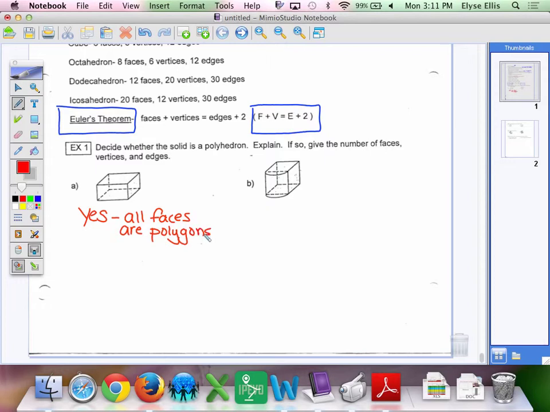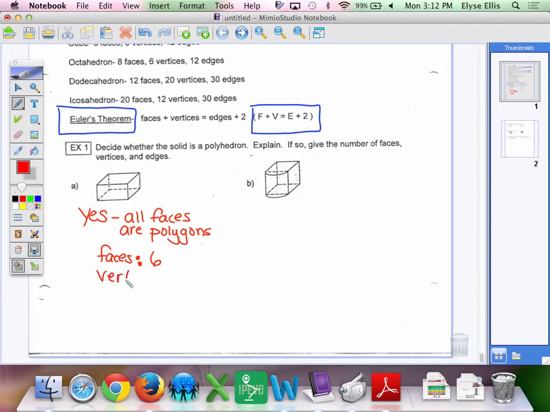The top and bottom are rectangles. That's a polygon. Flat sides, left, right, front, back, all flat faces. Well, when you're itemizing faces, you have 1 top, 2 bottom, 3 left, 4 right, 5 front, and 6 back. There are 6 faces or sides to that box.